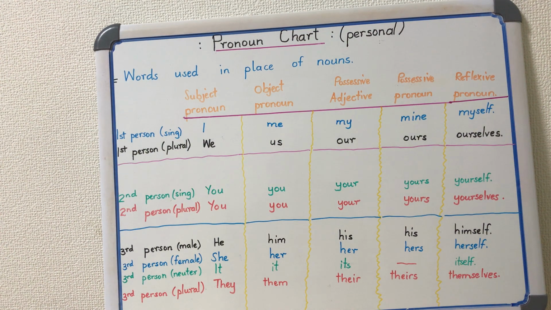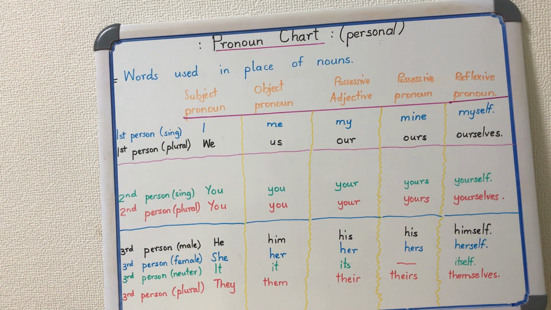Then the second person plural, it's again you. So we can use you to refer to one person, or we can use you to refer to a group. You people, it's not one person. But if I say you, Joseph, it's just one person I am talking of.